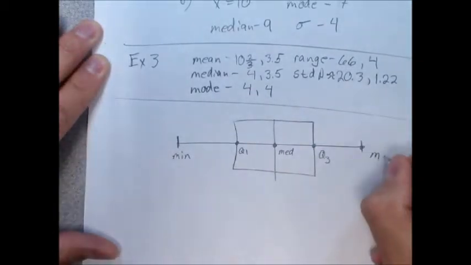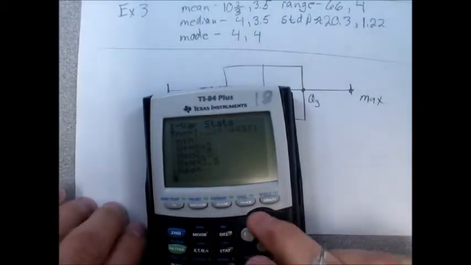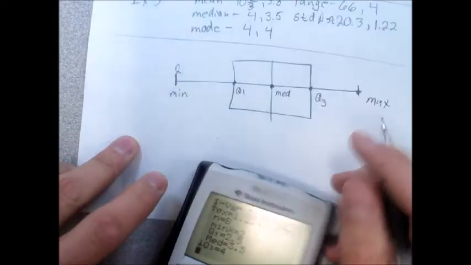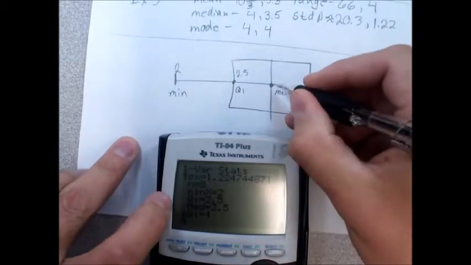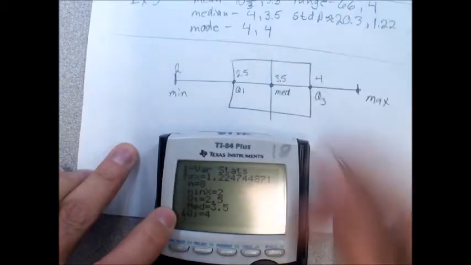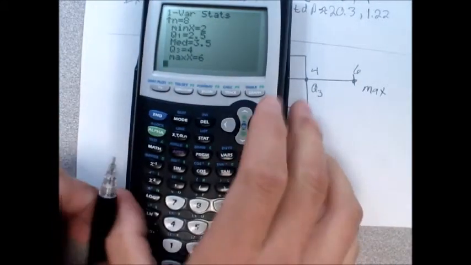So if we use the data that we just had, and we get all of these numbers, the minimum was 2, quartile 1 was 2.5, the median was 3.5, the quartile 3 was 4, and our max was 6 from that data set without the outlier.